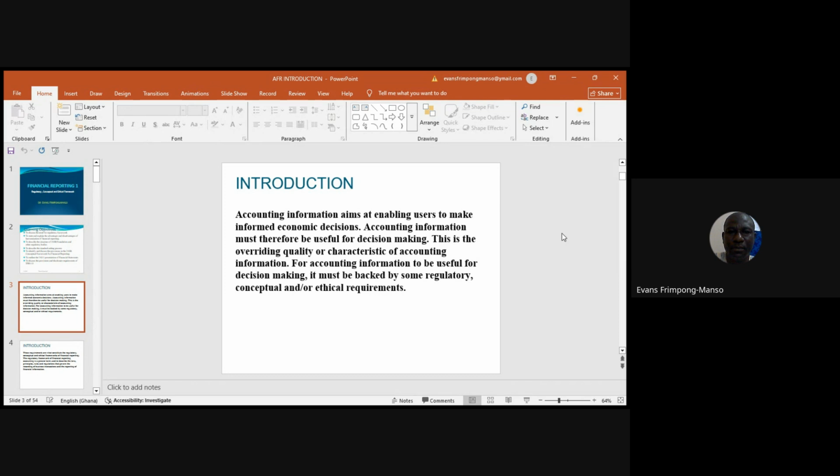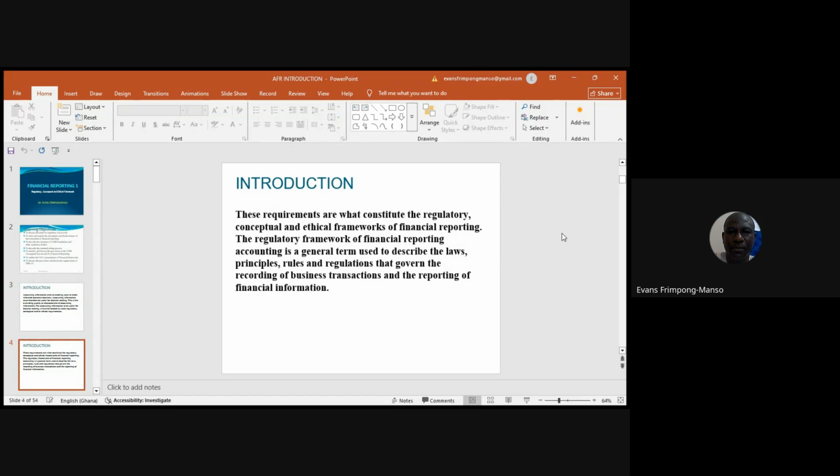And then there are some ethical requirements which the profession enjoins all members to adhere to when preparing the financial statements. So accounting information aims at enabling the users to make informed economic decisions. The overriding quality of accounting information is that the information will help the users to make useful decisions. It's very, very important.